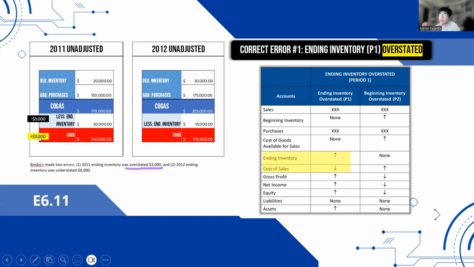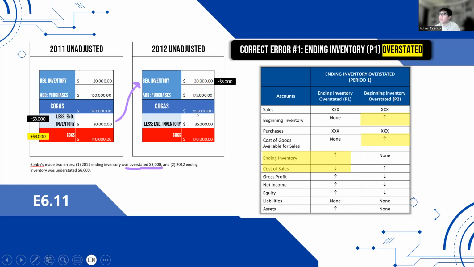Does the correction end there? No. The problem is, your ending inventory of 30,000 is your beginning inventory here. So technically, your beginning inventory is overstated. This 30,000, we know, should be 30,000 minus 3,000 to be correct. Now, what is the other effect? Because the 30,000 is overstated, your COGS is also overstated by 3,000.